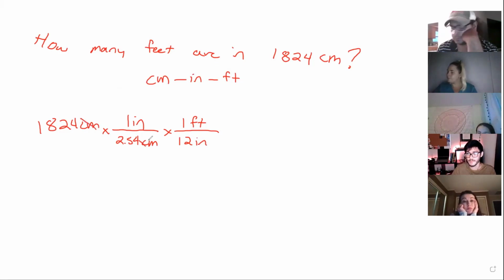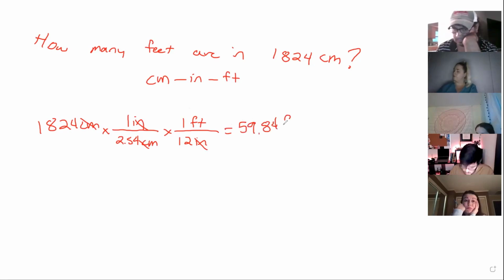So the centimeter cancels, the inch cancels, and we'll be left with just units of feet. So 1,824, we're going to divide that by the 2.54, and then we'll divide it by 12. And we end up with 59.84 feet.